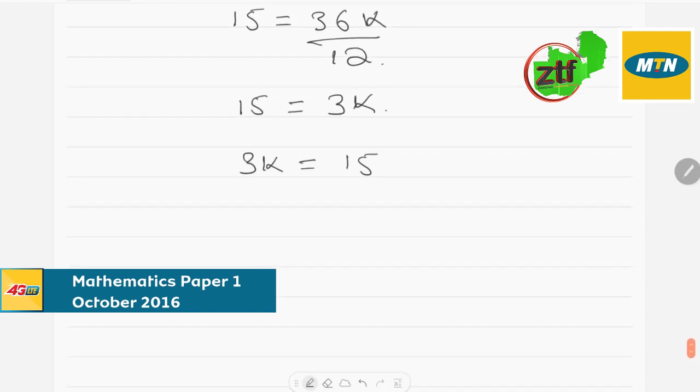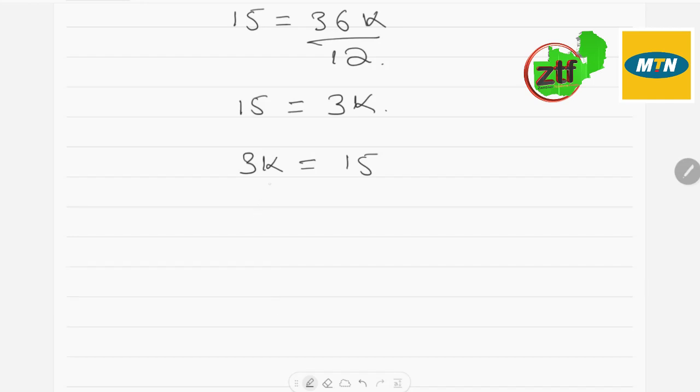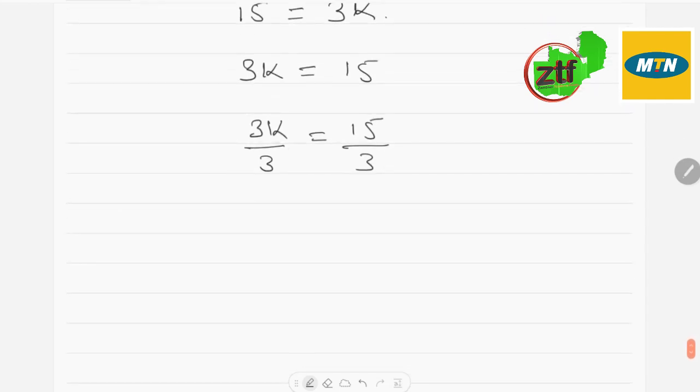Dividing both sides by 3, we get k is equal to 15 divided by 3, which is 5. Therefore, the value of k is positive 5. All right, so that is how you answer that question.